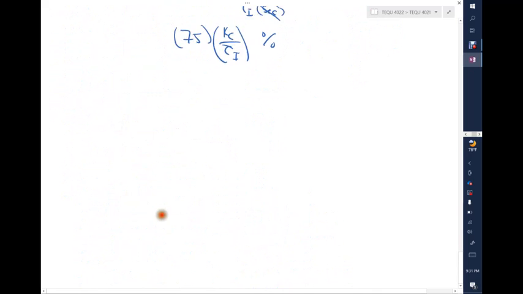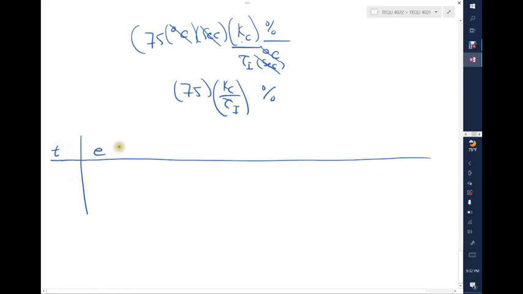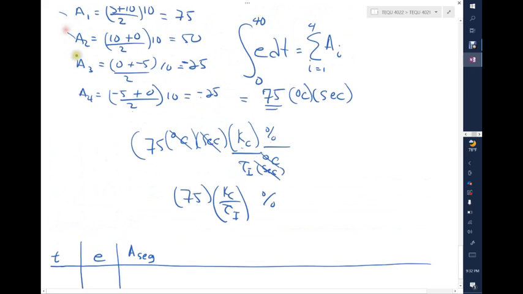Now, let's make an example here. Let's say that I want to control, and as always, when we are talking about controlling something, we are talking about a table, a process control table. That's time, the error. Typically after the error, watch out for this, the area of the segment. The area of the segment is this calculation.